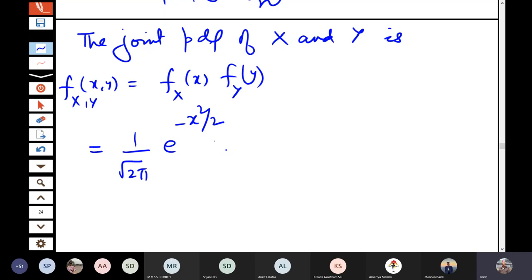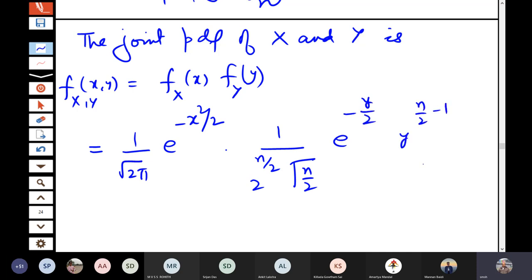So x is following normal 0, 1, so I am able to write that. The distribution of y is chi-square n, that is 1 by 2 to the power n by 2 gamma n by 2, e to the power minus y by 2, y to the power n by 2 minus 1, where x is real and y is a positive real.